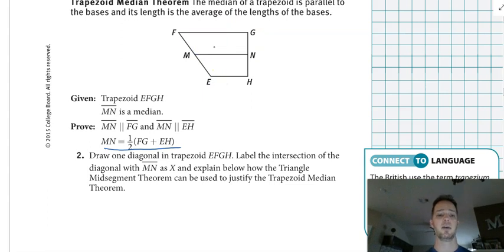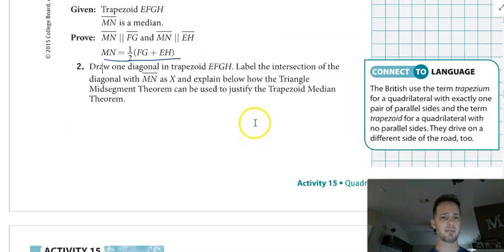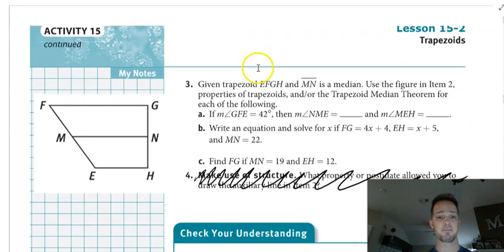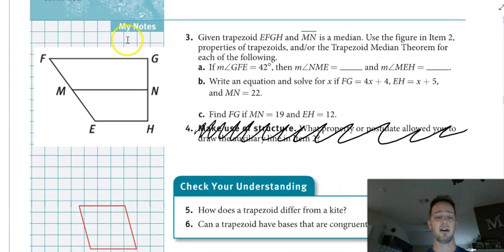We've already proven it. We're not going to go through the proof of that. We're just going to practice it. Given trapezoid EFGH, and MN is a median, use the figure here. I went ahead and put it on this page for the properties of trapezoids and the trapezoid median theorem.